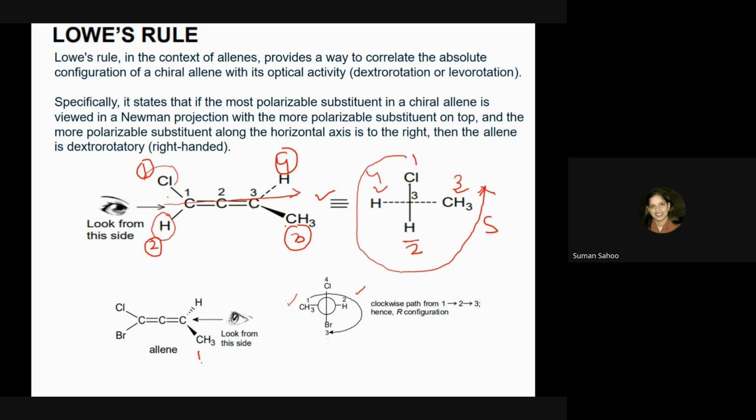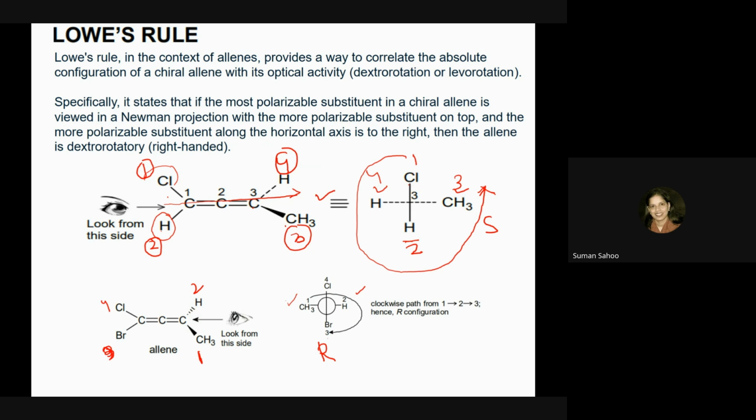Here this one has to be priority 1 because we are viewing from this side. This is your near view, this is your rear view, and the near view always gets precedence over the rear view. So this is 1, 2, and this would be 3 and 4, because bromine has more atomic mass than fluorine. When we trace the path from 1 to 2 to 3, that is a clockwise direction, so this is your R configuration.